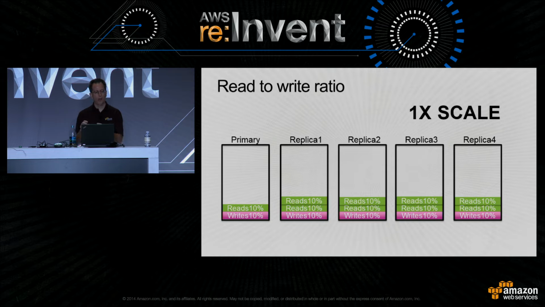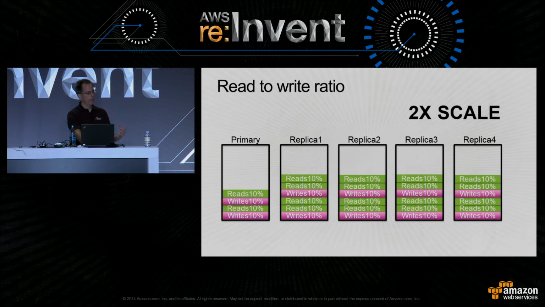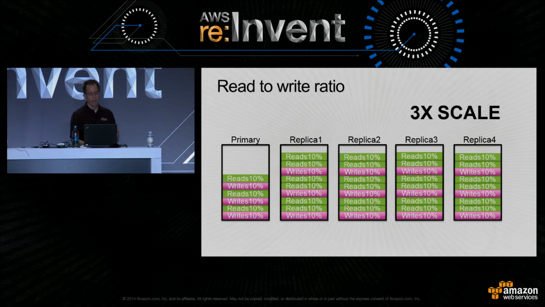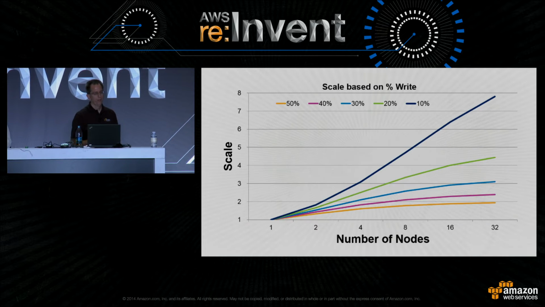It's maybe not quite as expensive as on the primary, because you're not parsing and doing all that, but you still have to do those physical writes. So when you scale, you're basically adding more to each one. In this case, you can see with a 90% read ratio, we can get pretty good scale out of it. We can get a 3x scale number. But on the other hand, for example, if you had the yellow line here where it's 50% write, guess what?